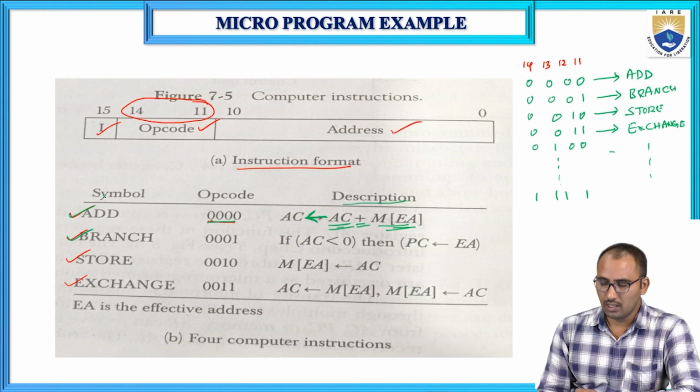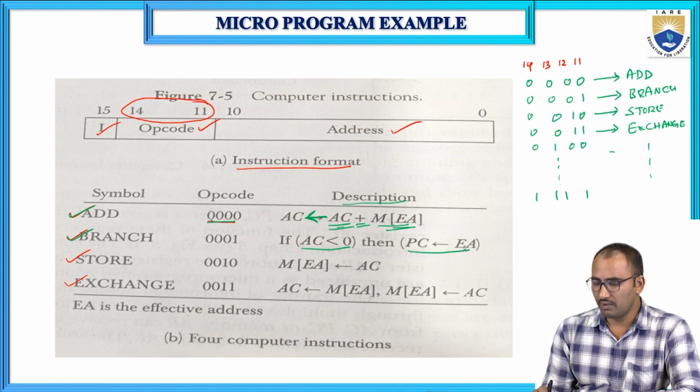Branch instruction. Branching means transferring the program control from one memory location to a new memory location. That is called branching. Branching will take place if AC is less than 0, that means if the accumulator is having a negative value.